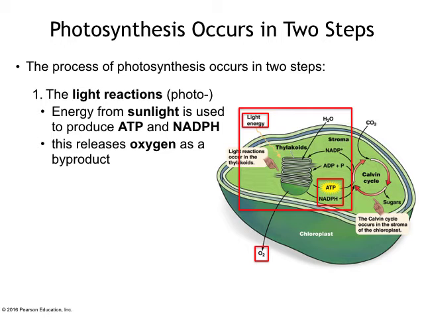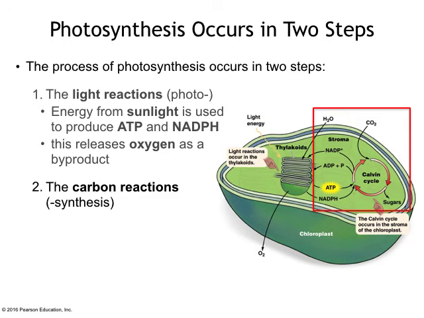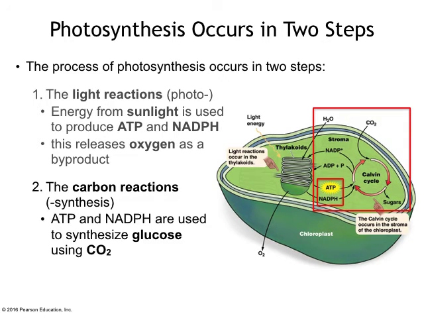Oxygen is just a byproduct. And then you have the carbon reactions, which are the synthesis step of photosynthesis. This is where we're actually going to synthesize sugar, or glucose. These reactions use the ATP and the NADPH made in the previous step to synthesize glucose, using CO2 as a source of carbon.